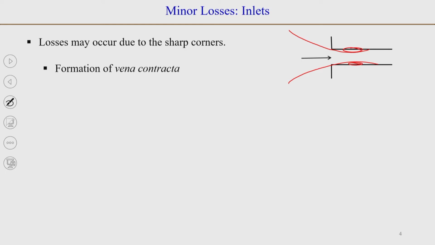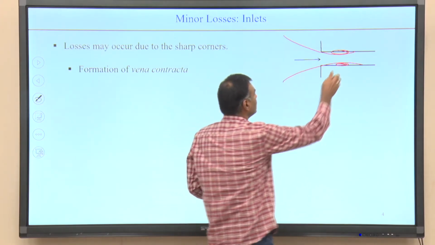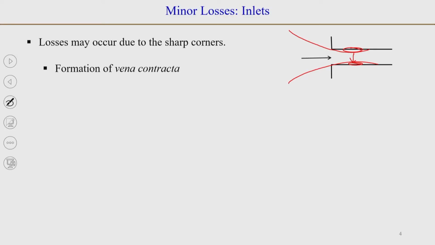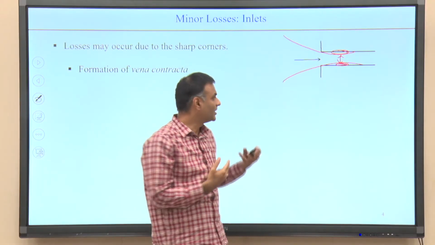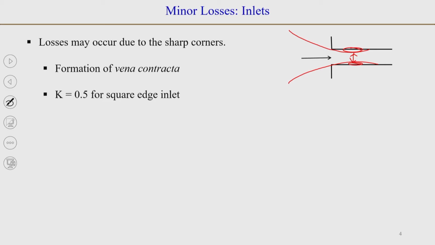Of course, it will be inside the pipe only, and that recirculation will cause mixing and you will get a vena contracta formation here. Okay. So, the actual flow area is reduced, and eventually when it goes further downstream, it will attain a fully developed flow. So, the loss due to sharp corners can be significantly high, and for such a square edge inlet, the value of K is about 0.5.